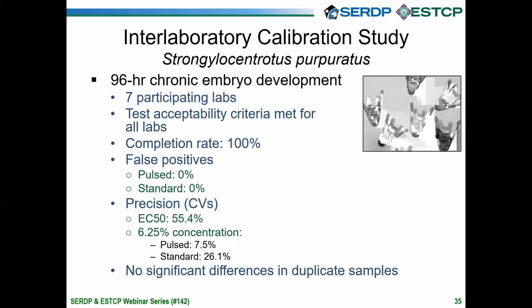And similarly with the urchin test, we had 7 participant labs. We met all test acceptability criteria. We had 100% completion rate. There were no false positives on either test method.